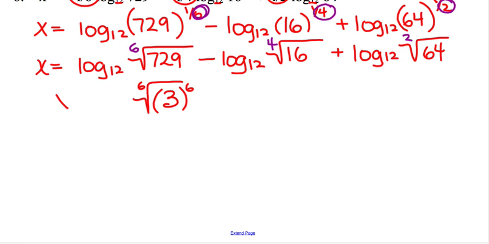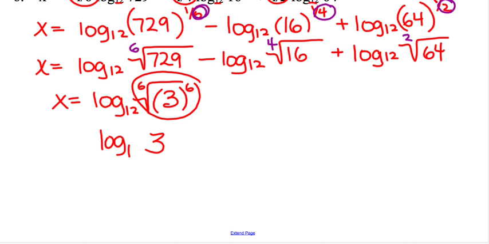All right. So when we reduce this entire piece, they undo each other. The 6th root of 3 to the 6th just gives us 3. So now we have logarithm of base 12 of 3.